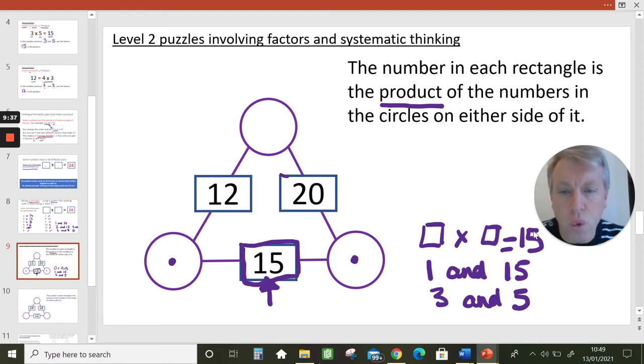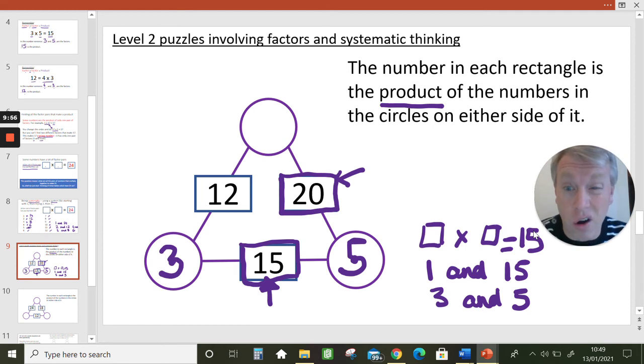Well, 20 is definitely on the 5's. So I'm going to try putting the 5 there and the 3 there. I can always rub it out if it's wrong.